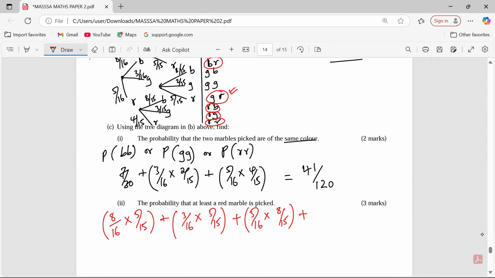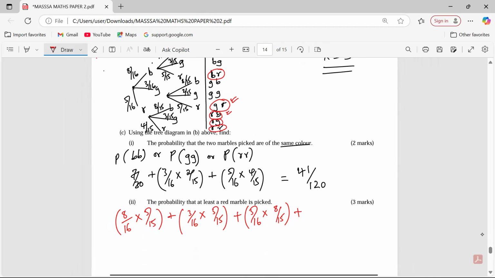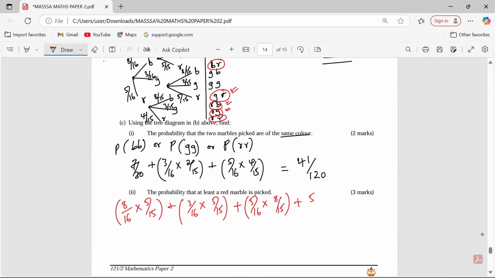Can have red followed by green, so 5 over 16 followed by green means 3 over 15. Or it can still be red and red. Red followed by red means 5 over 16 multiplied by 4 over 15. So when you compute all this, then you shall get 13 out of 24.